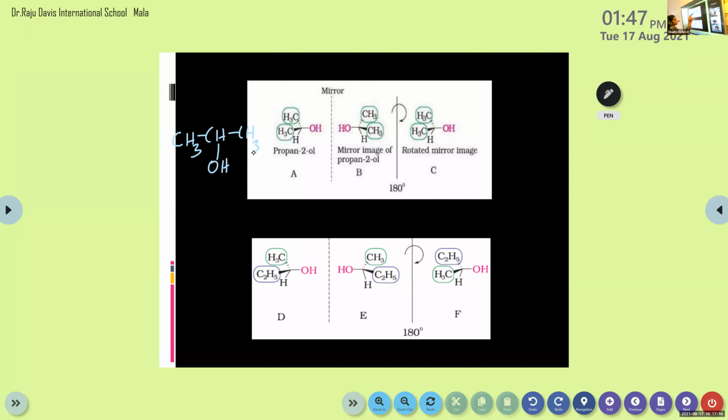Then just looking at this A, tell me, is it symmetric or asymmetric? Is it an asymmetric carbon or symmetric carbon present in compound A? Tell me. What's the criteria to consider this carbon as asymmetric?